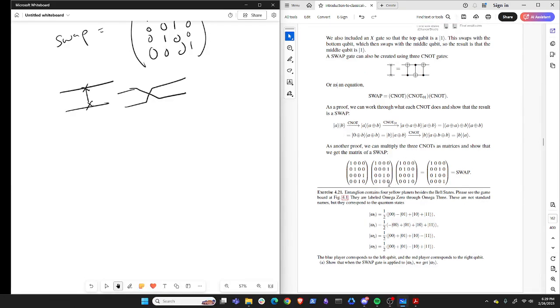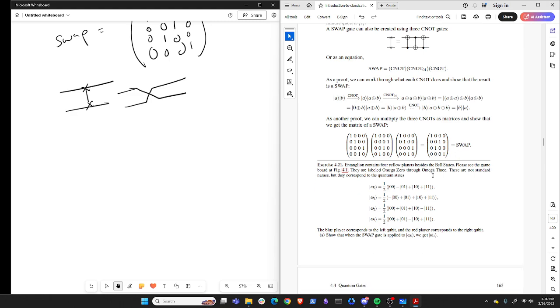You can also prove it as 3 CNOT matrix multiplications here. The middle being a CNOT controlled on the second qubit specifically, and it equates to the matrix that we saw earlier, which is the swap.